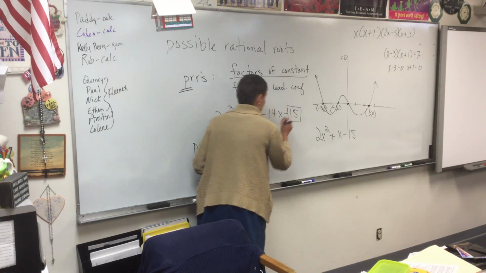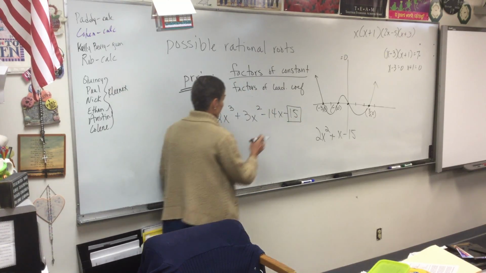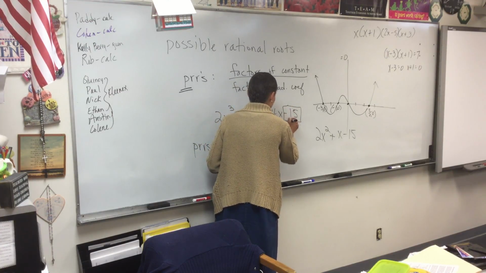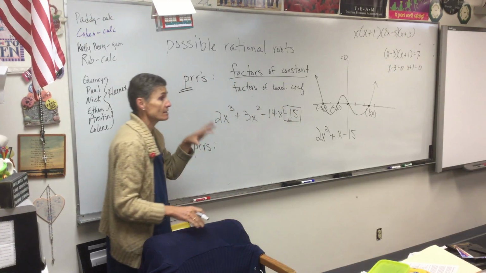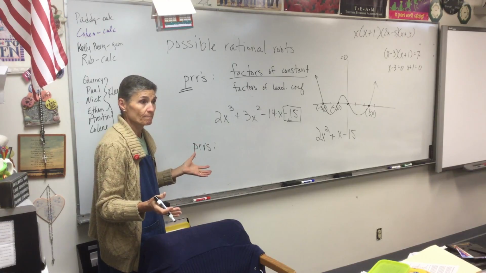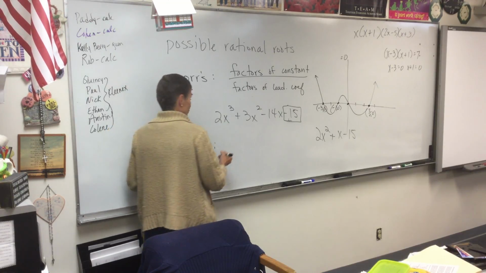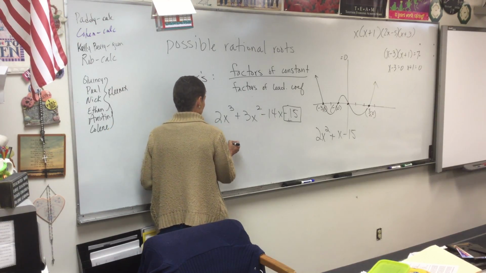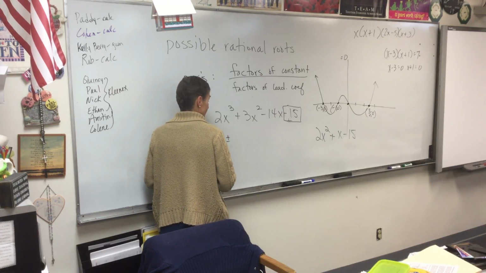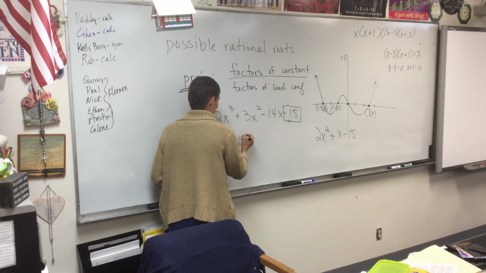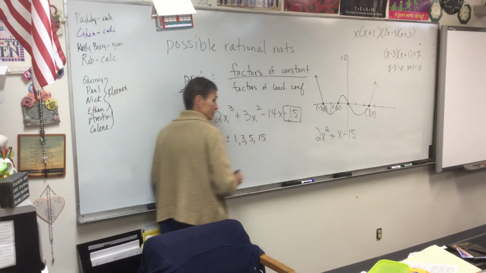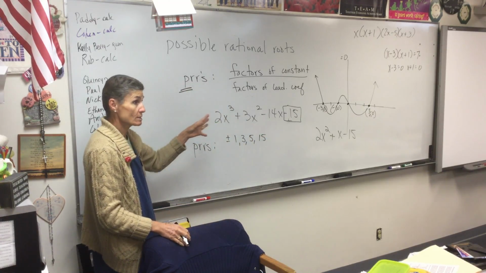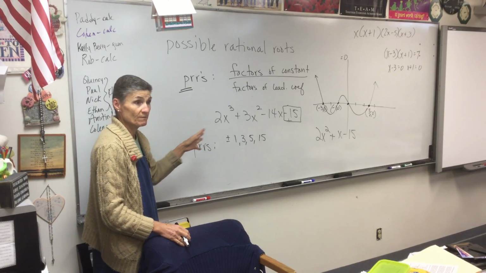This is the constant, okay? The constant is the term with no x. So what are the factors of negative 15? Plus or minus 1, 3, 5, and 15. Those are the factors of 15.